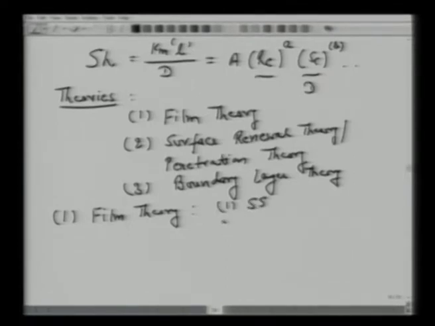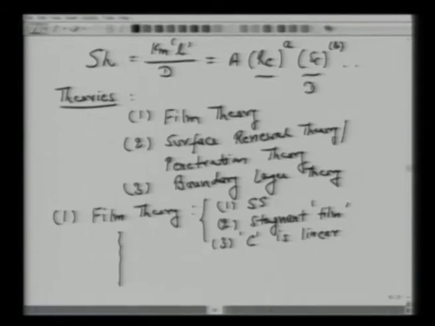One, we have a stagnant film. We will talk of this stagnant film, which is a kind of hypothetical film, and we assume that the concentration in this film is linear. All this theory says is that if we have an interface, say between gas and liquid, then there is a hypothetical film which is stagnant.